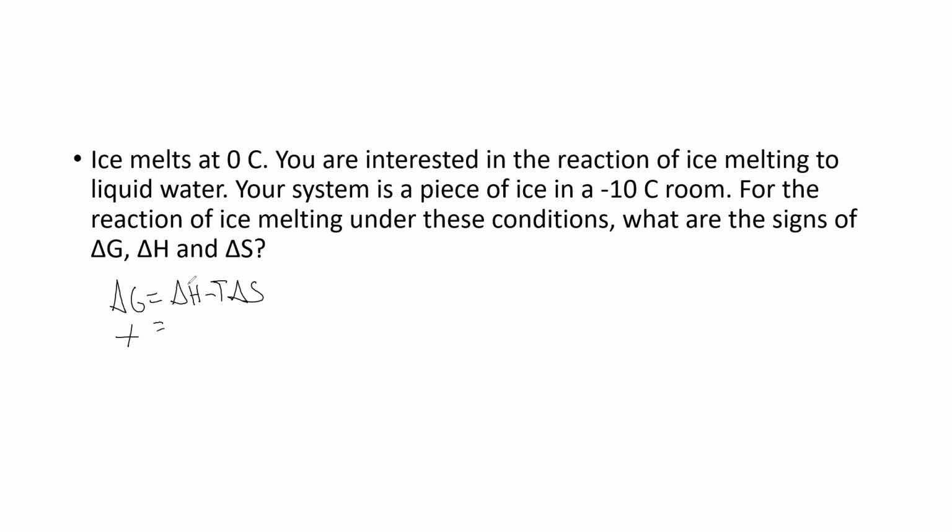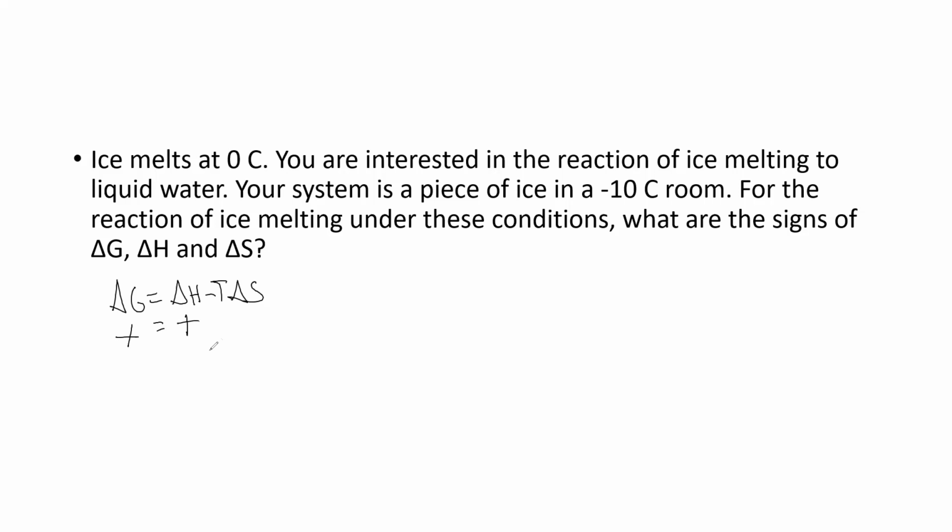How about delta H? The thing about delta H and delta S is that the signs, the values of these variables, never change based on the temperature like I have here. Delta G is the thing that's changing, determining if something's spontaneous or not. For delta H, for the process of ice melting, if we want ice to melt, we have to put heat into it. So delta H for this process is positive.